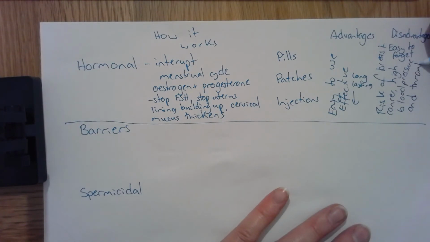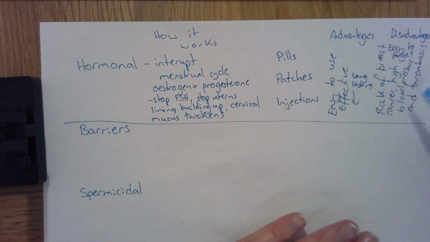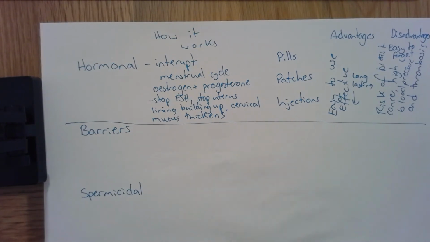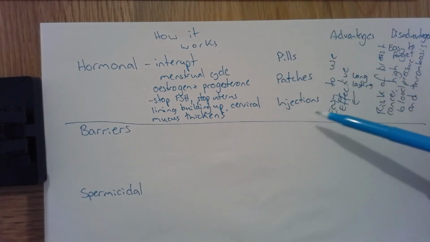Thrombosis is when your blood forms a clot inside one of your blood vessels. Normally we only want blood to clot when we want a cut to heal over, but thrombosis can happen inside a blood vessel and then it blocks off a blood vessel and can deprive part of our body of oxygen. The risk is relatively low, but it does increase the risk of someone taking any of these methods compared to the average population.